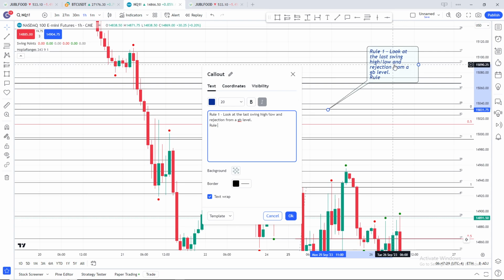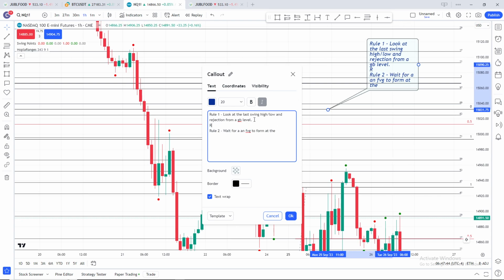Rule number two: break of DR and break of the opposite GB level.